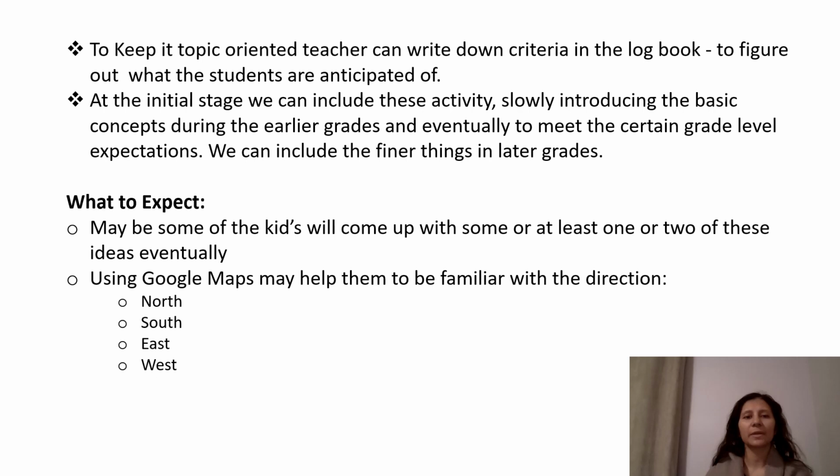At the initial stage, we can include this activity and slowly introduce the basic concepts during the earlier grades, and eventually in the later grades, the finer things can be added.